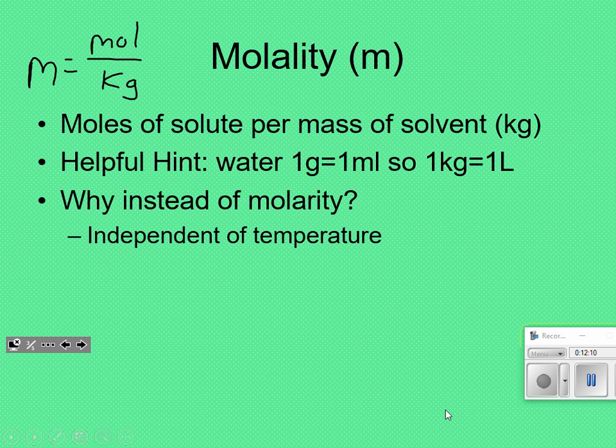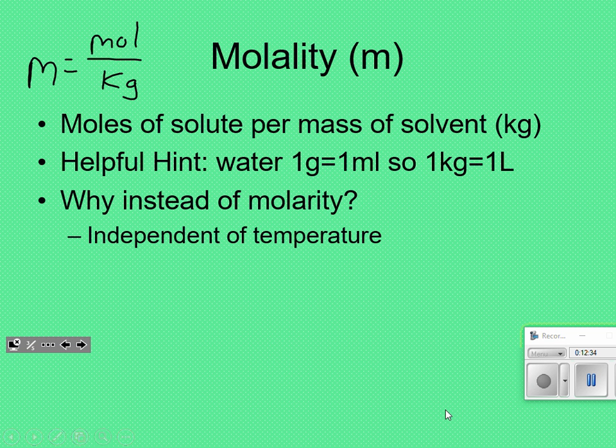Both molarity and molality have moles of solute in the numerator. The only difference between them is the denominator. In molarity, it's liters of solution. In molality, it's kilograms of solvent. Liter is a unit of volume.